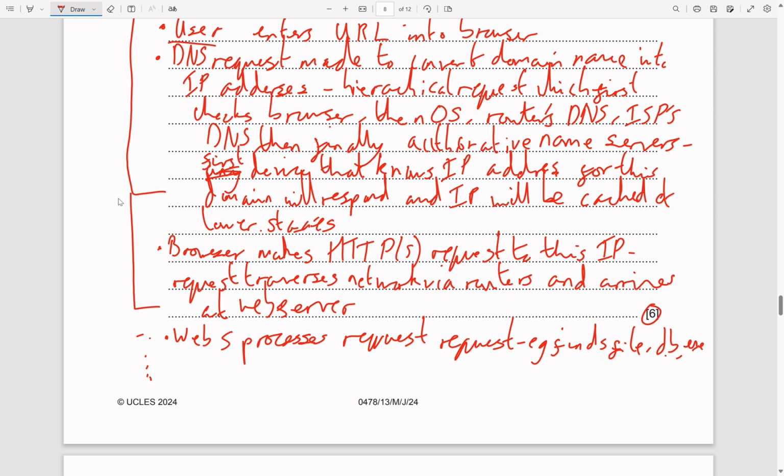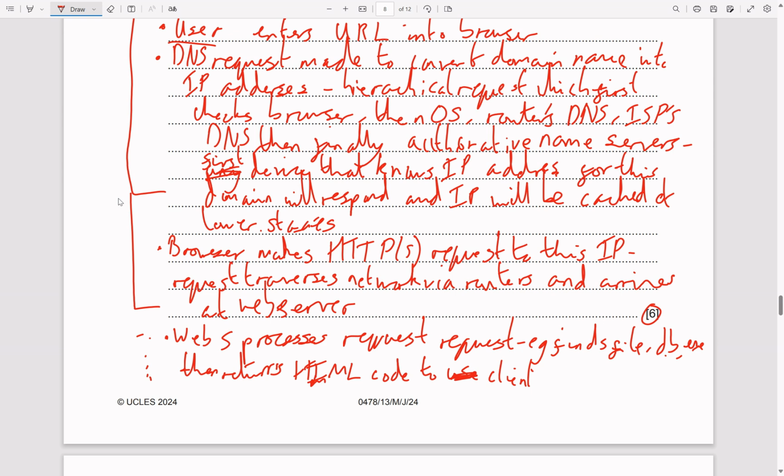Maybe it's going to execute some code, so it could be some PHP code or some JavaScript code, any server-side code. And let's say then returns HTML code to user, or to client.